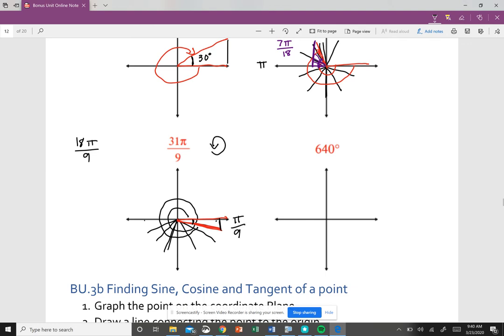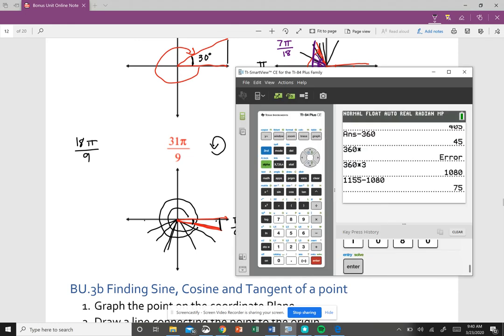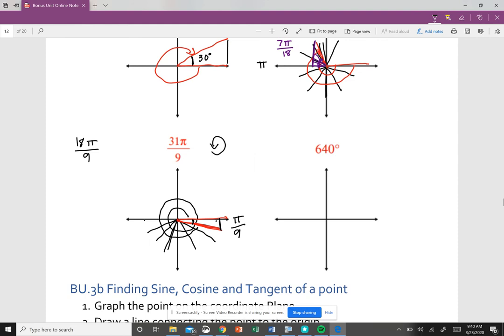It's 1 pi ninths. Okay, again, if we have 640, we're going to take 640 minus 360. Oh, we have 280. So that means we're going to rotate, this is clockwise. So we're going to rotate a full 360 plus 240, which will be about, full 360. That's 270. And that's 180.